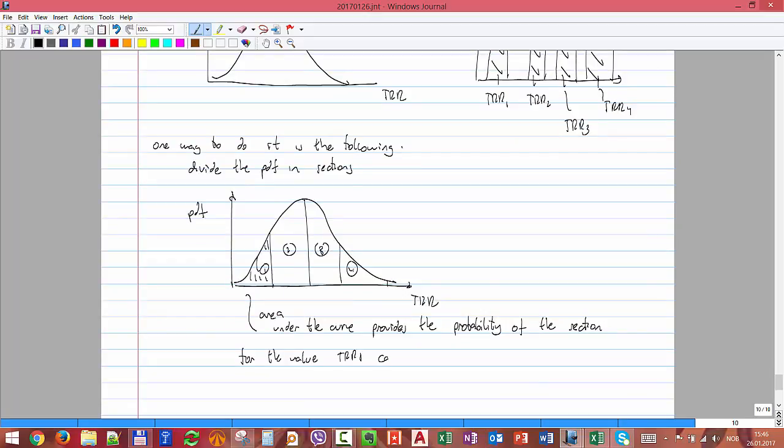I have to calculate the most probable value in the section, because I have to pick only one representative value of that section, and the one that I choose usually is the most representative, the most frequent. That's the mode, the most probable. So I have to find the most probable value in the section. That's called the mode of each section.